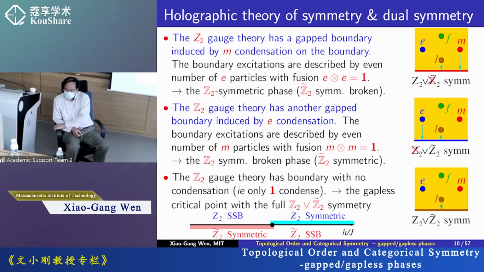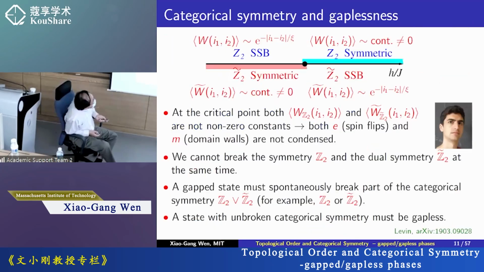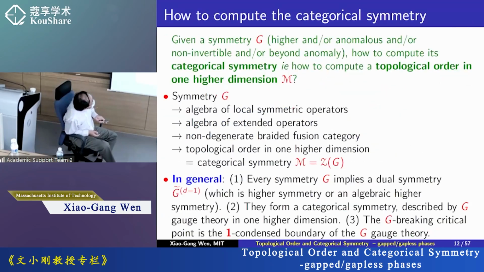So my question is, can you capture the final physics starting with just the original Hamiltonian, applying standard Ginzburg-Landau symmetry breaking? Yeah, it's possible. Then why do you need all this complicated category?